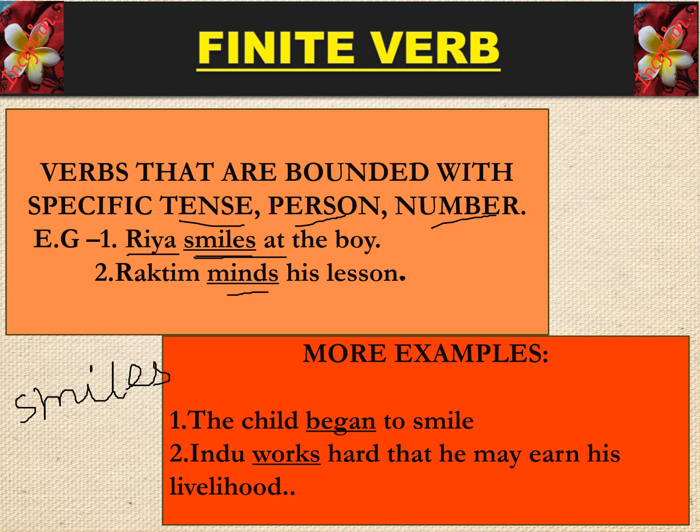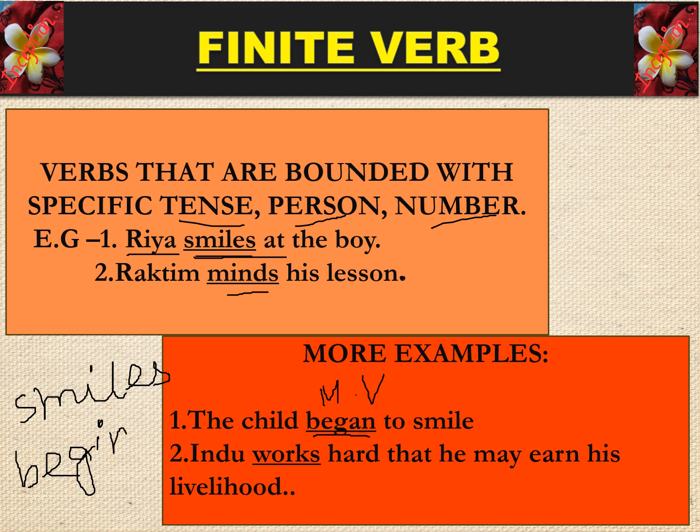The child began to smile. Began to smile. What is the main verb in this sentence? Began. Began is the main verb. And began is also a finite verb. Why? We will see the reason. What is the main form of began? The main form of began is begin. Then why are we writing began here?